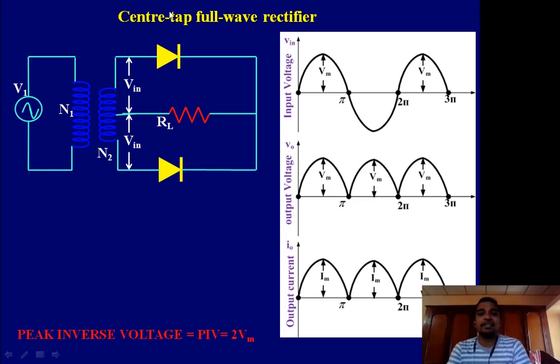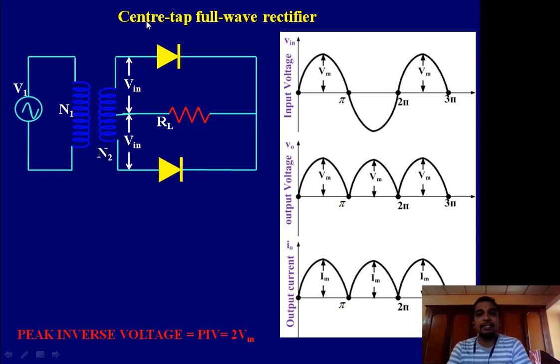First type, the center tapped rectifier. Center tapping. Tapping means taking a point. It may be a water tap, you can have the water connection at any point. So here tapping means a voltage point. I can have at this point 10%, 20%, 30%, 40%, whatever.